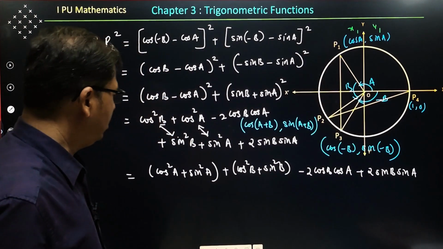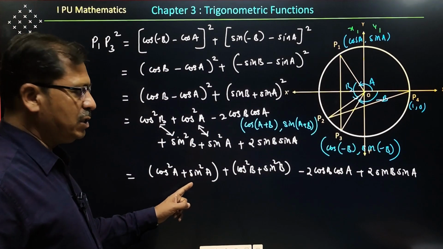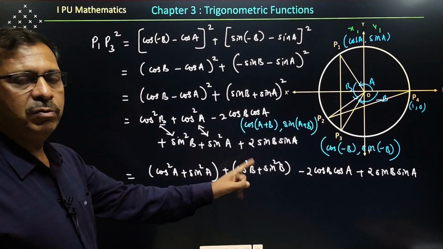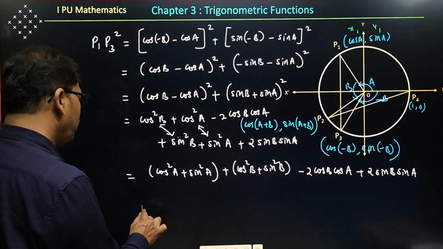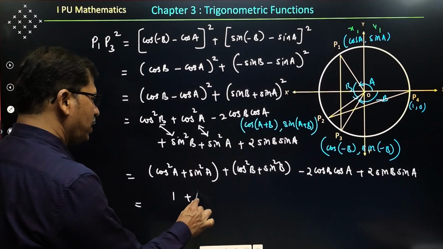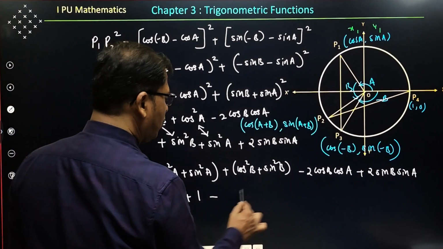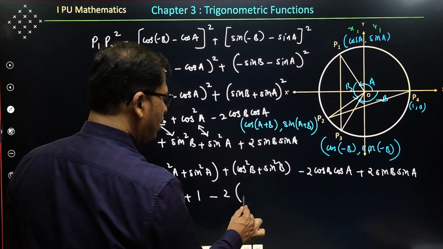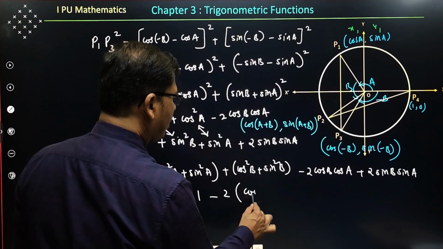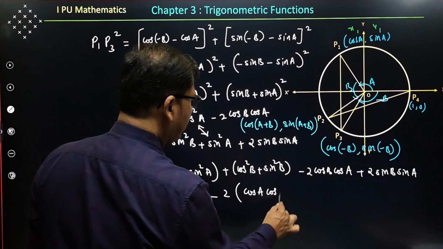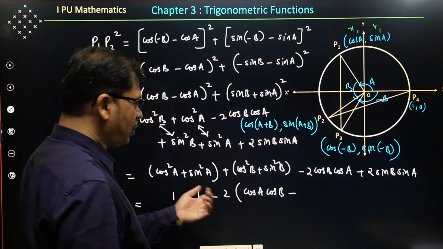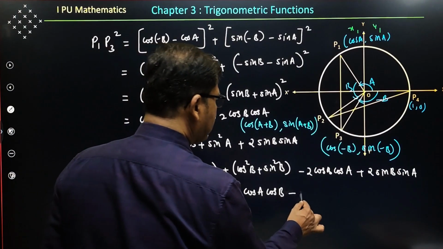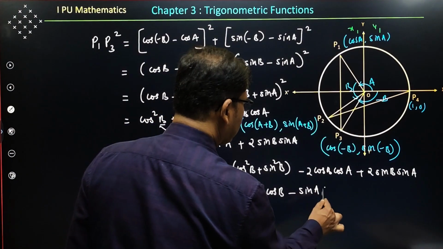Now observe: cos square a plus sin square a is 1, cos square b plus sin square b is also equal to 1, according to your identity. 1 plus 1, minus, take 2 outside, what remains is cos a cos b, let me change it a little, cos a cos b plus, it becomes minus because we have taken the minus sign outside, sin a into sin b.